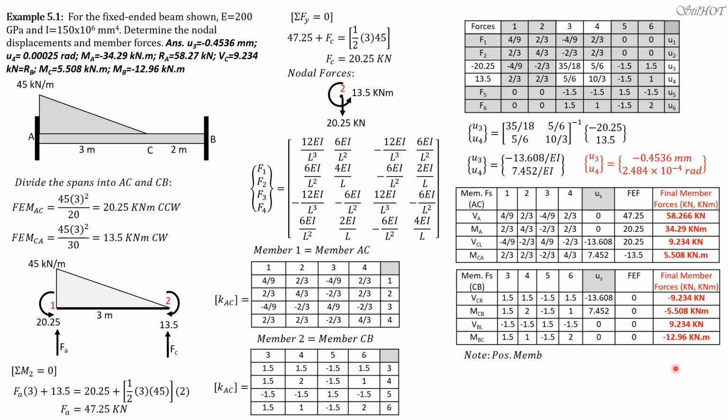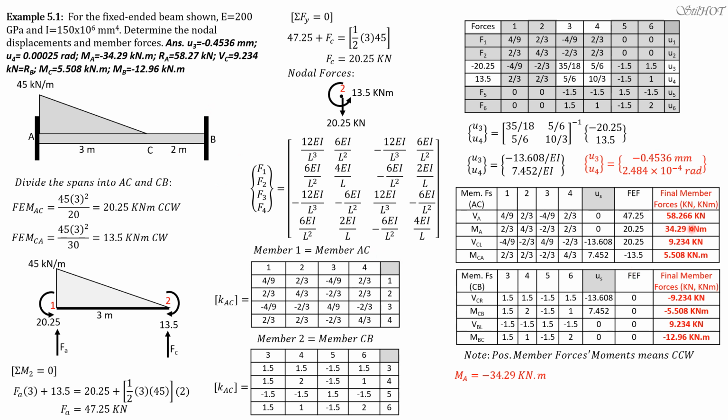For the reactions, remember that positive moment means counterclockwise at the left, or counterclockwise moment. So moment at A is negative 34.29, which is opposite to this because remember, positive moment will have a bending which is smiley. For positive bending, the moment at the left should be clockwise, and at the right should be counterclockwise.